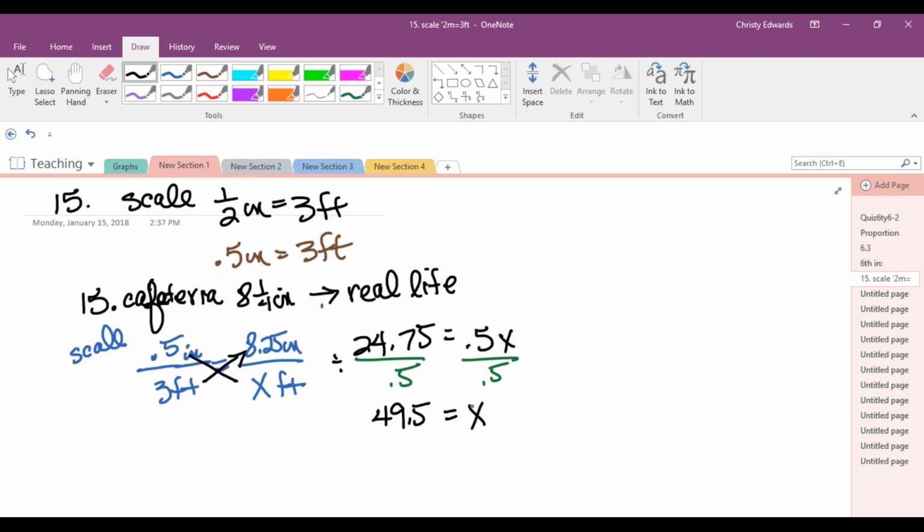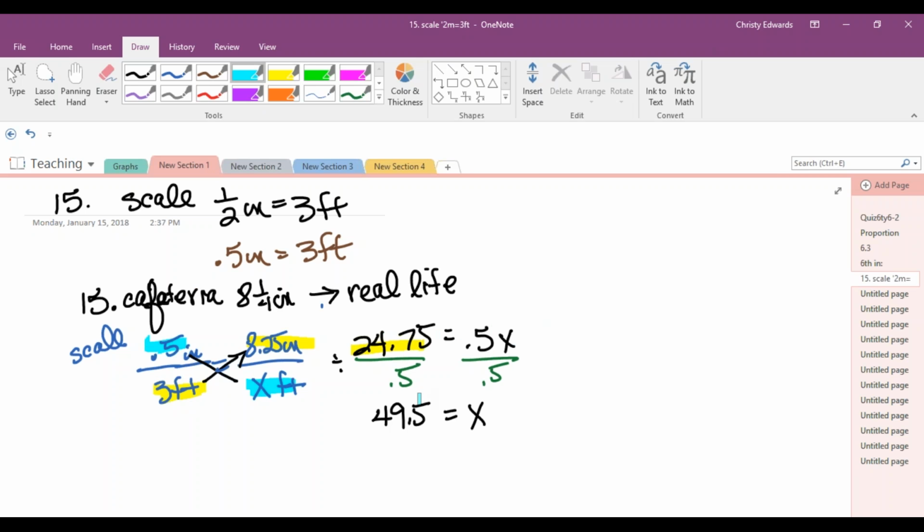Did you half it? Someone who gave me 17 or something like that? Because 49.5 is correct. So do you know where you went wrong if you gave me 17.5? Did you try to do it in your head? Because you're so smart. Those two multiplied gives you 24.75. These two multiplied give you 0.5x.